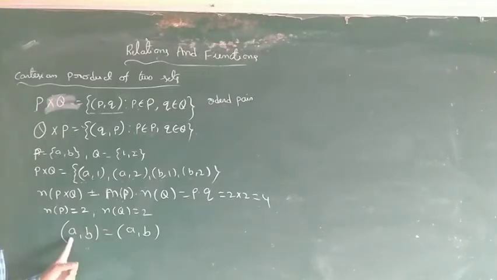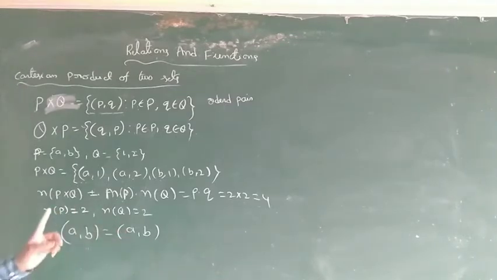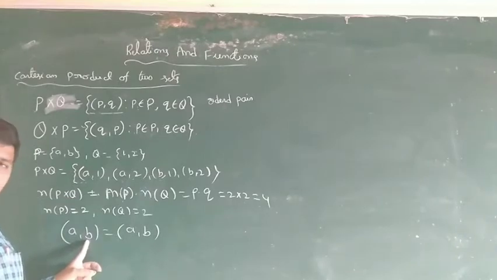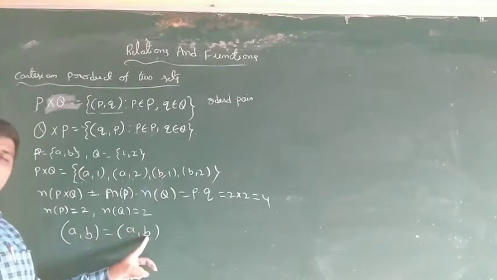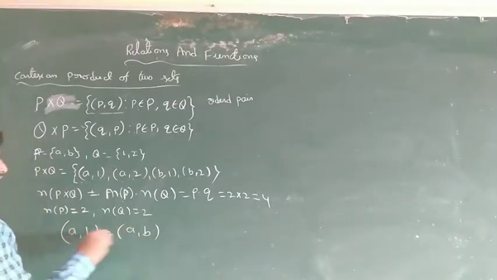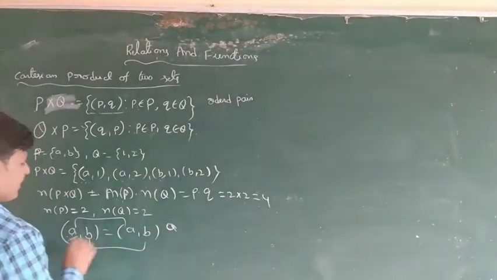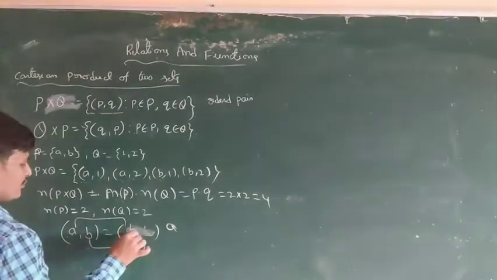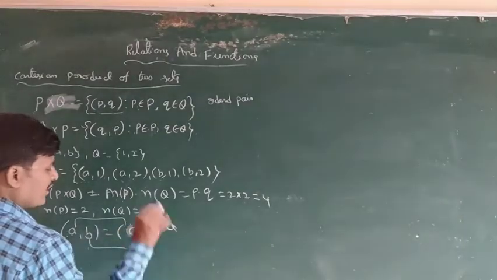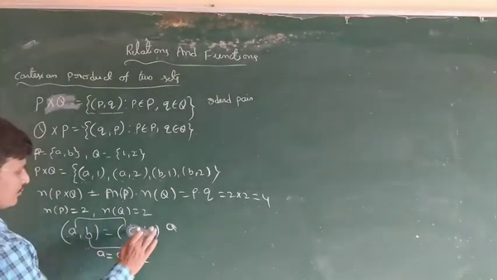The first element in the first ordered pair and the first element in the second ordered pair must be equal. The second element in the first ordered pair and the second element in the second ordered pair must be equal. So a is equal to c, b is equal to d.